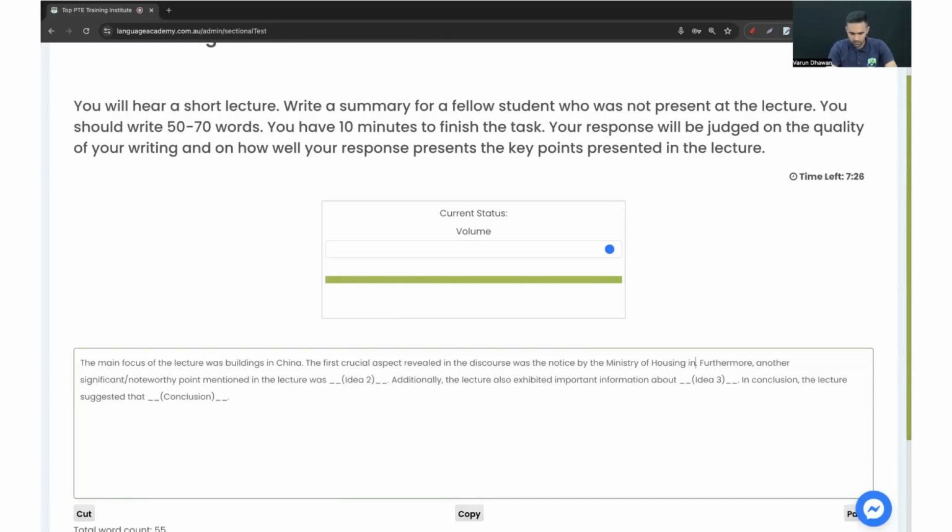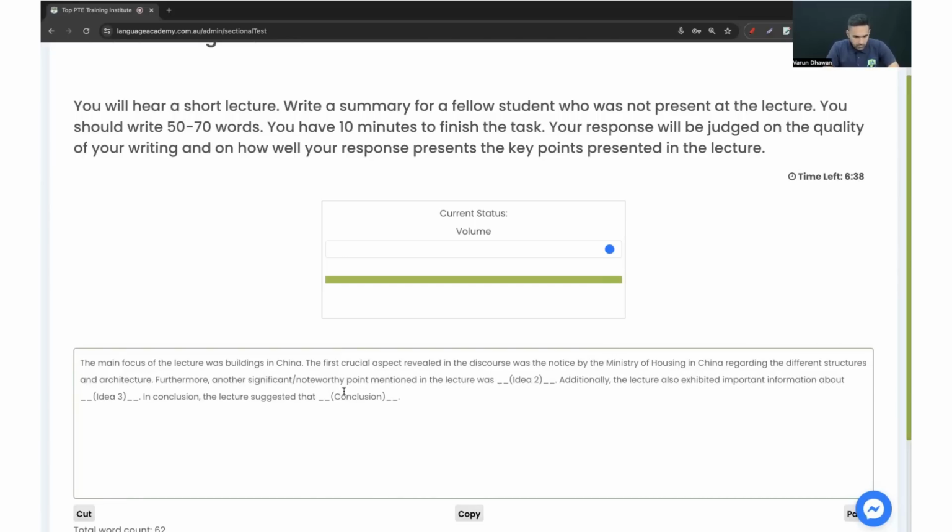Ministry of Housing in China regarding the different structures and skyscrapers. I'm not sure what the spelling is. If you're not sure about any spelling, don't write it, right? Different structures and architecture we can write.